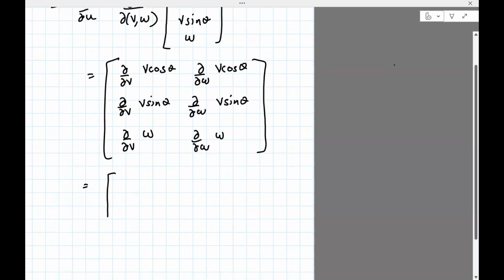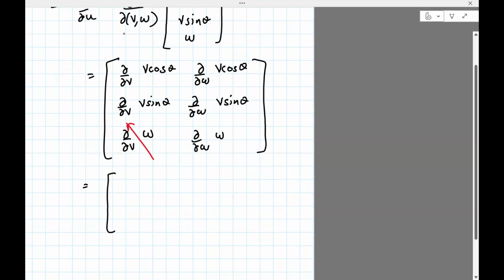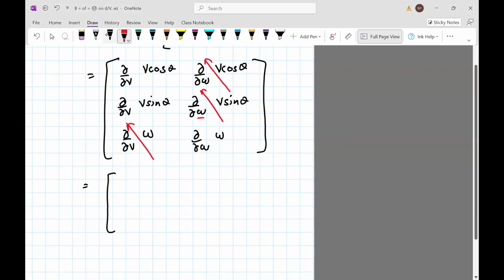Okay, there are some terms which will go to 0. This one will be 0 because there's no omega in the numerator, same for this one. So we're only left with 3 terms which will be non-zero.